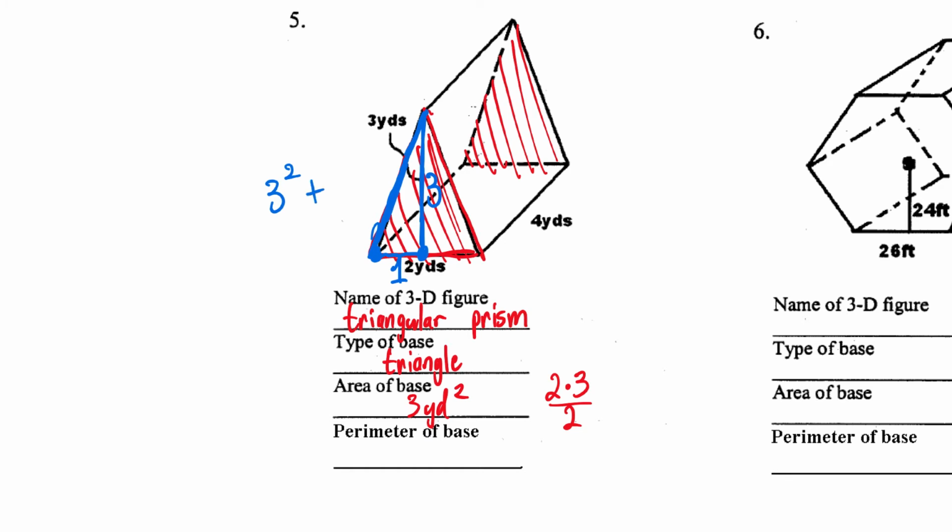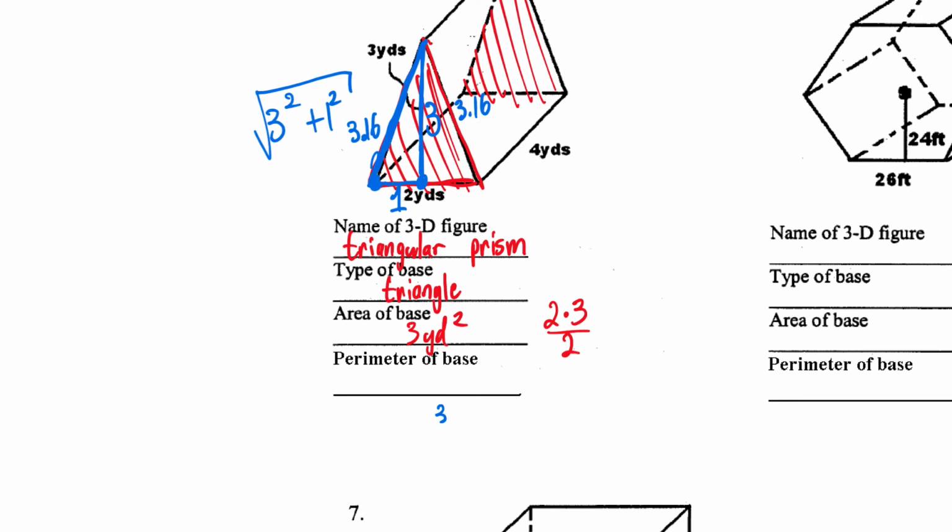So we're going to have 3 squared plus 1 squared, square rooted. Okay, so for the perimeter, it's going to be 3.16 plus 3.16 plus 2. 8.32.